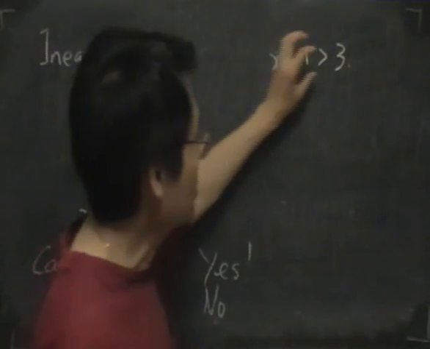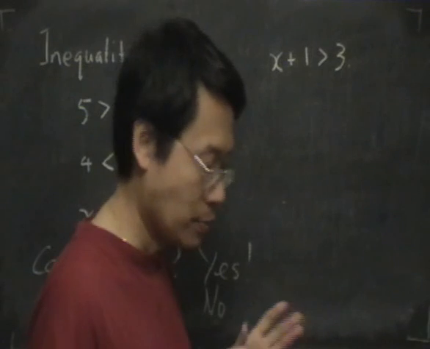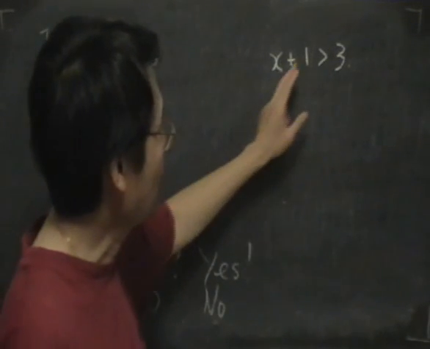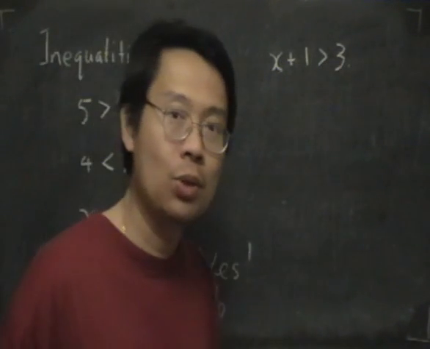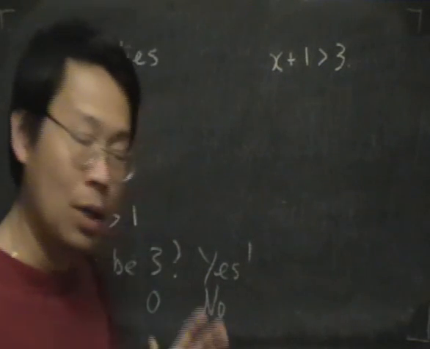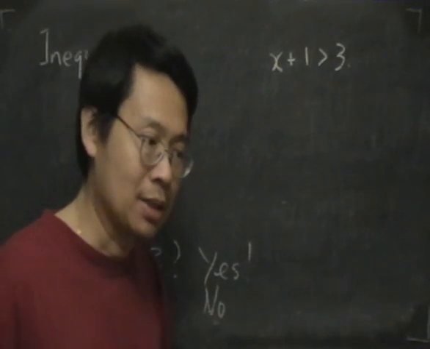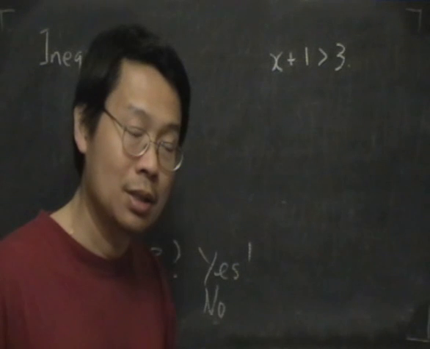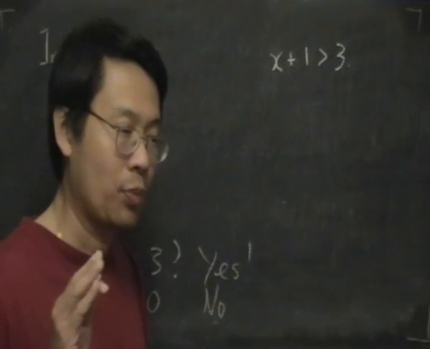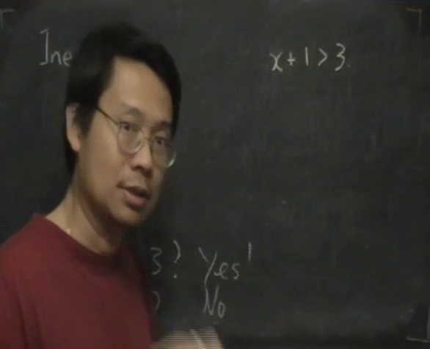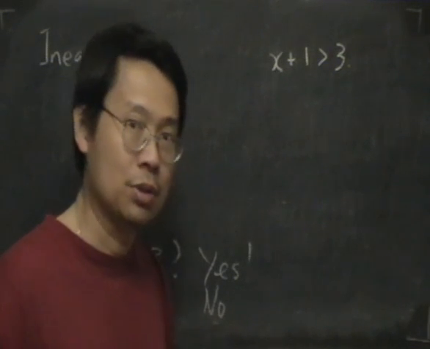Okay, let's look at this inequality. I have a number x. When I add 1, it has to be more than 3. Now, we can actually apply the same idea as equations in algebra.